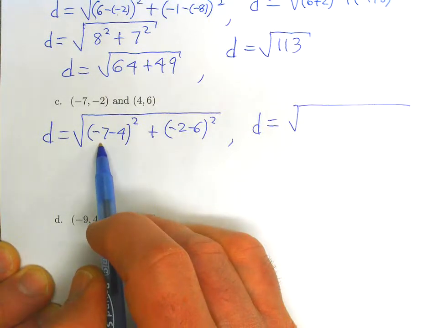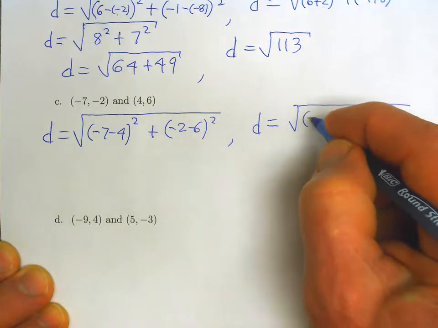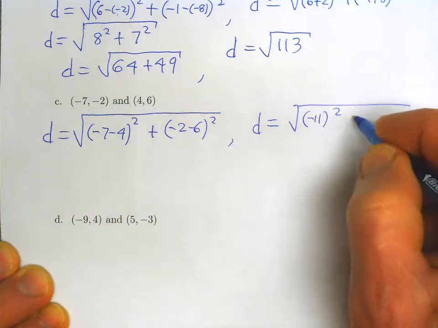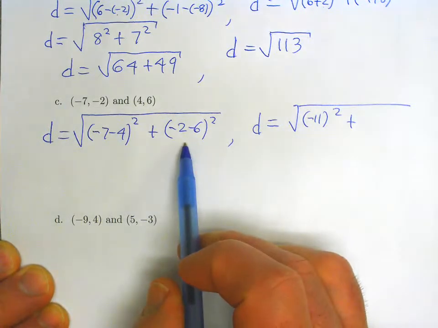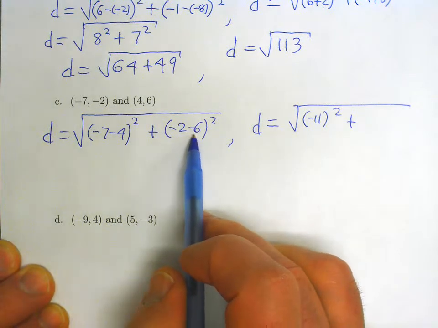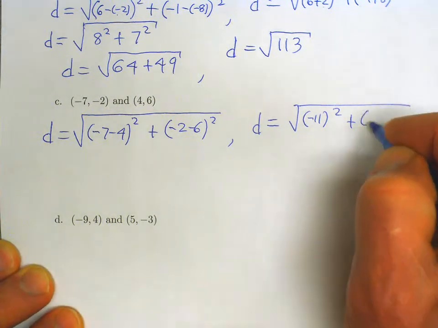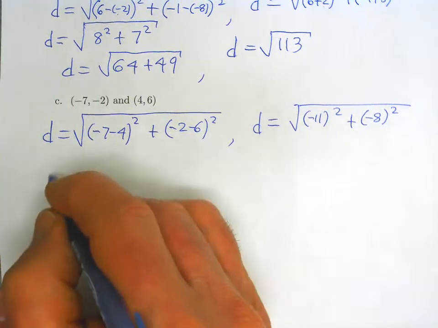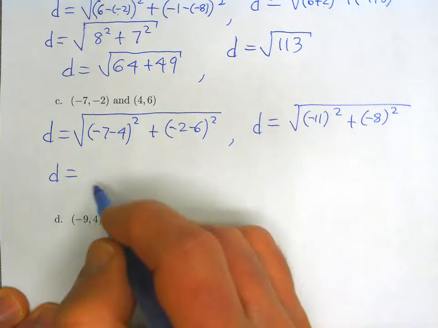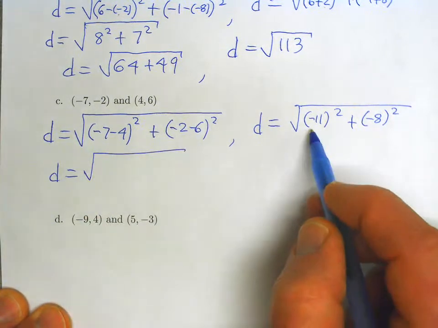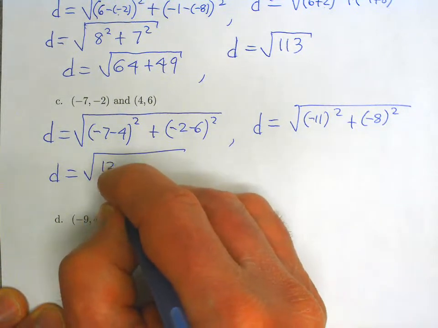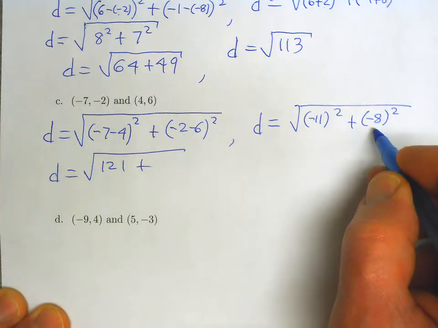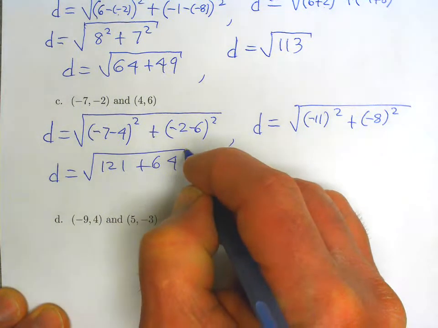Okay, -7 minus 4 is -11, so we have -11 squared. And then we're adding that to this other quantity. -2 minus 6 is -8, so we have -8 squared. -11 squared is 121, and -8 squared is 64.